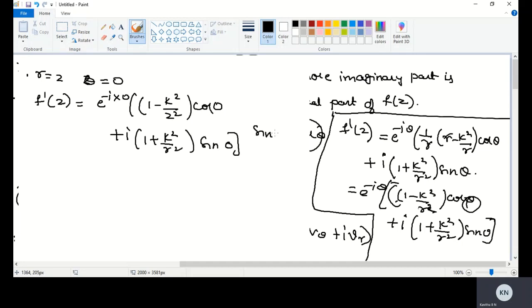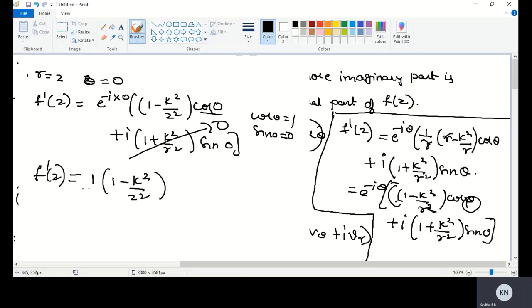You know that sin 0 is 0 and cos 0 is 1. What will happen? This term becomes 0, and e to the power of 0 is 1. So f dash of z is equal to 1 into 1 minus k square by z square.